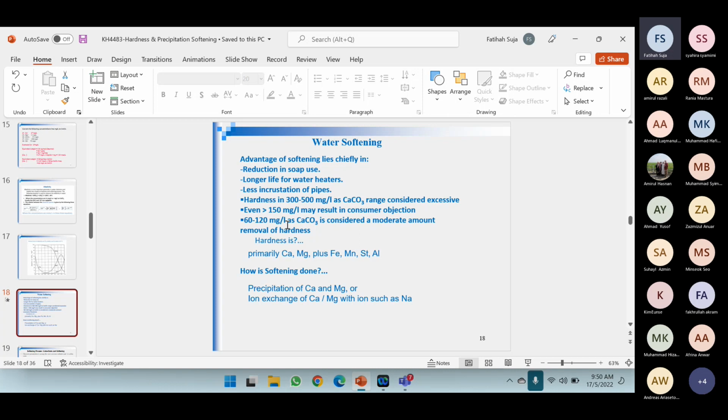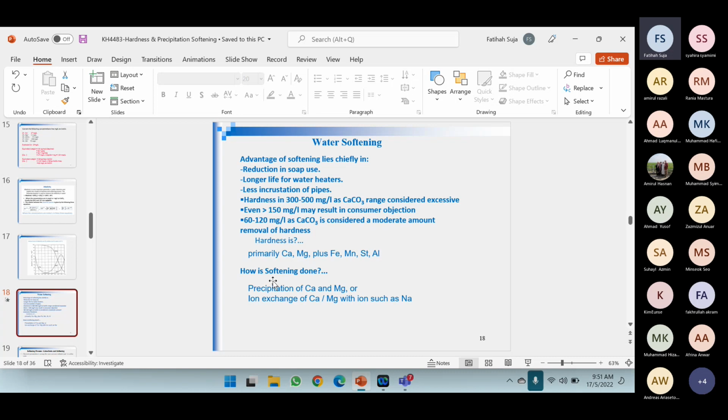So you need to remove hardness when you have 150. Consumers will also want water that has hardness less than 150 milligram per liter. 60 to 120 milligram per liter as calcium carbonate is considered a moderate amount of hardness removal.